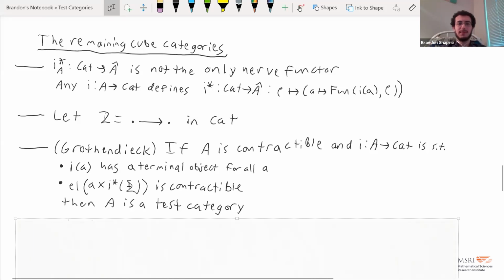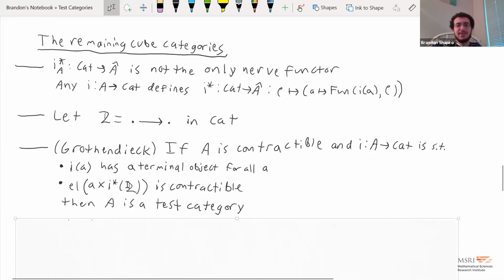I star of the walking morphism is not just contractible, but if its product with representables is contractible, then A is a test category. And the idea here is that I star of the walking morphism is going to be our interval. Something that you notice is not part of this theorem, and it was before.